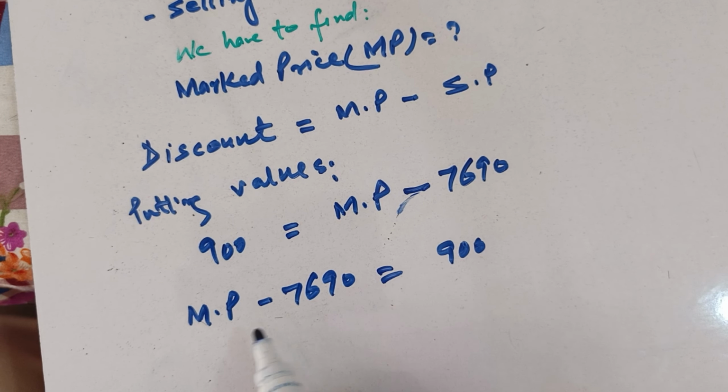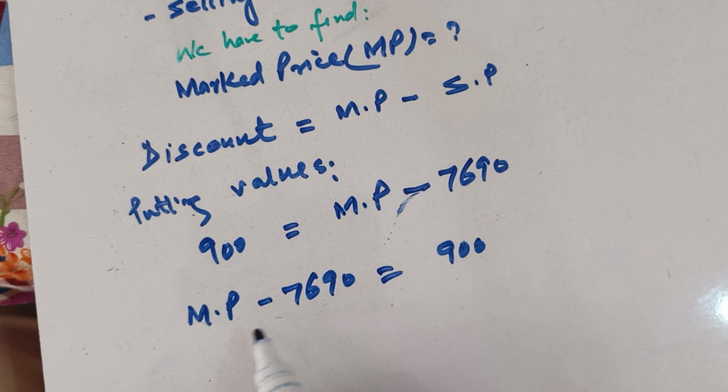So this 7690, which is positive, will be cancelled out with this negative, and we will have these two amounts, and we have to add both of them, and then we will get the mark price. So mark price or MP, just add them, we will get the answer.